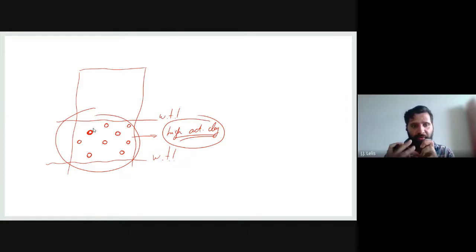And if you have a low activity clay, you can't produce this shape. But if you have a high activity clay, they are very plastic and sticky, this clay could be modeled, they can reproduce this ovoid or spherical shape of the bubble, okay?